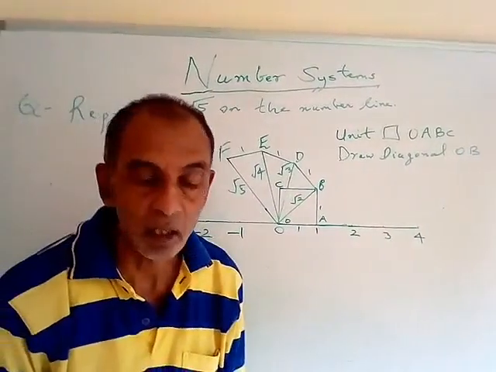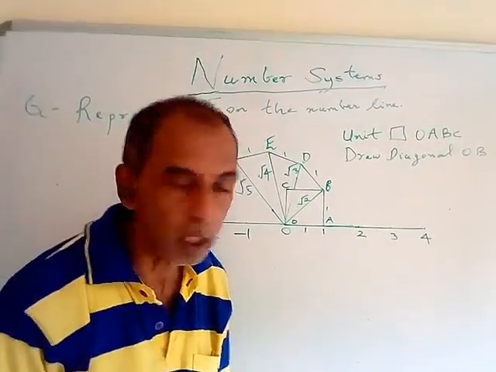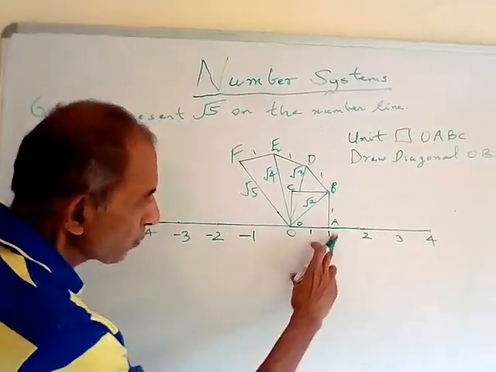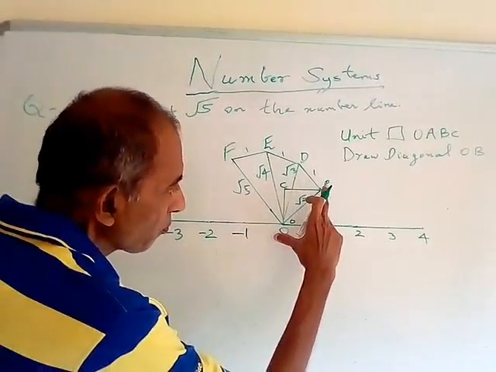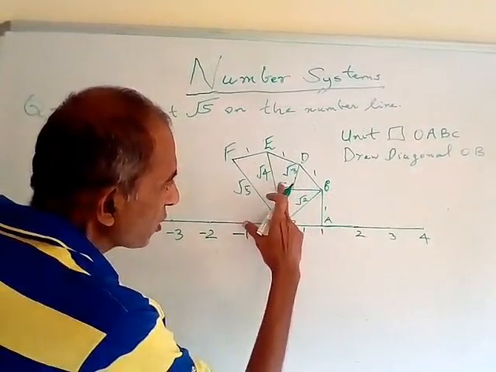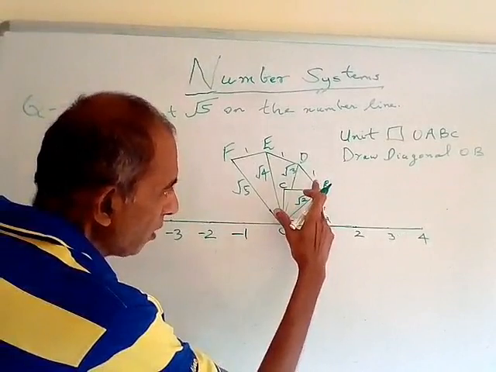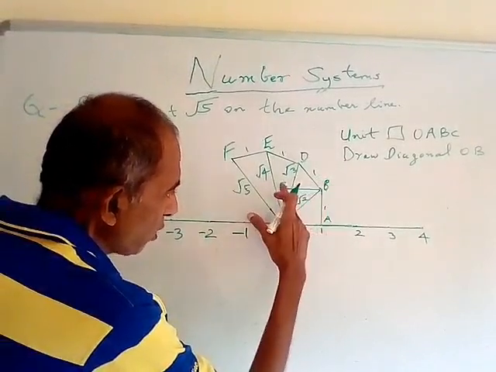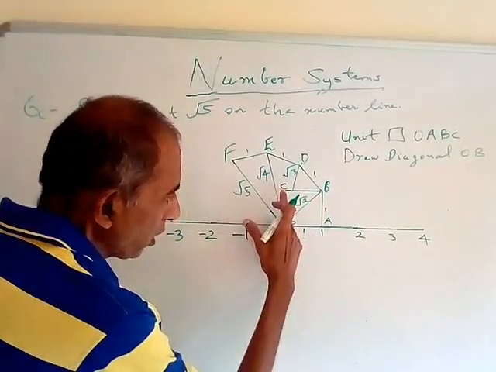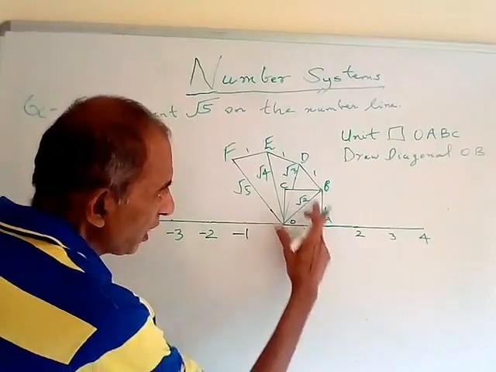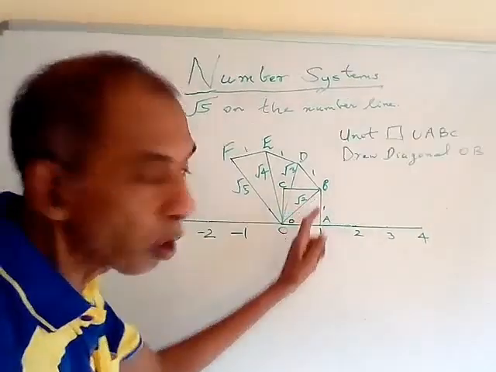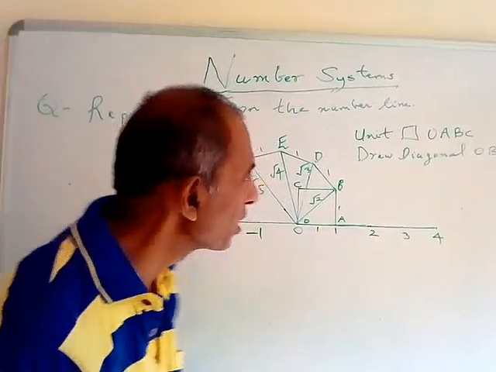That is a right angle because it is a square. That is the property. OA is perpendicular to AB. Similarly, CB is perpendicular to AB, and CB is also perpendicular to OC. So each side is perpendicular to the other, and that is how the right angles of 90 degrees each are formed.